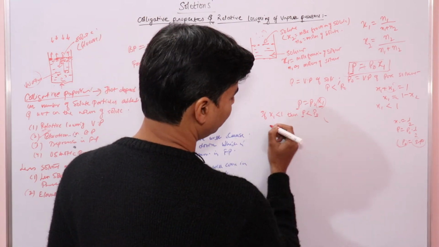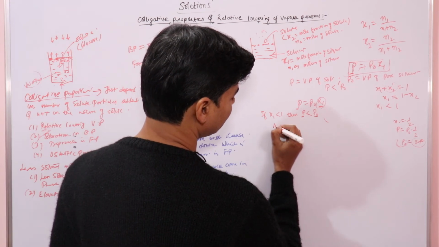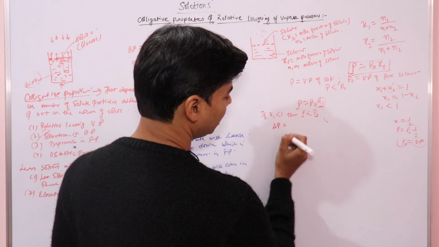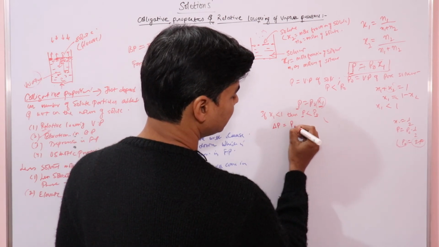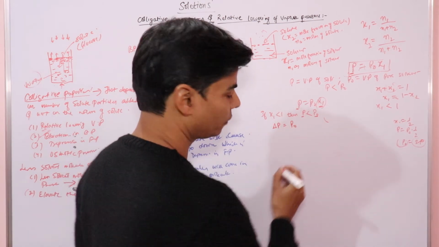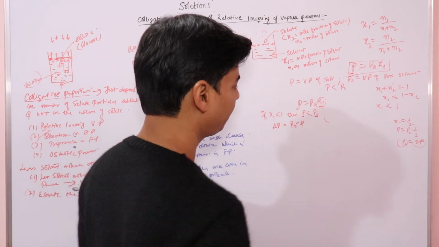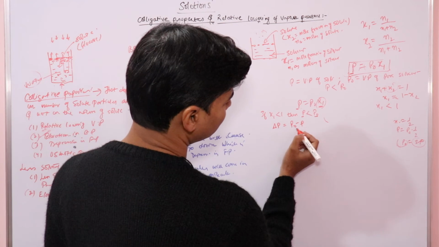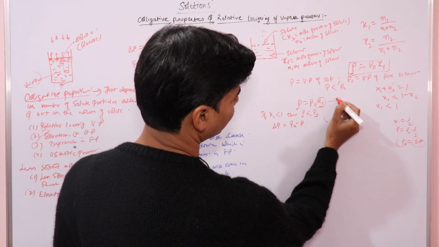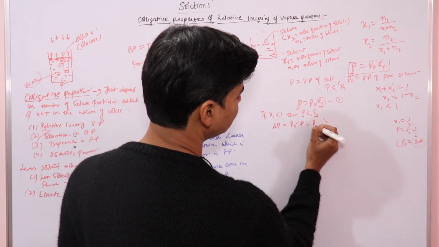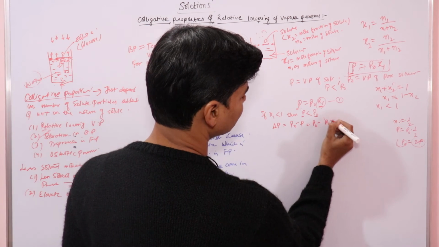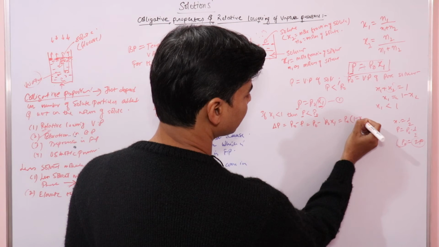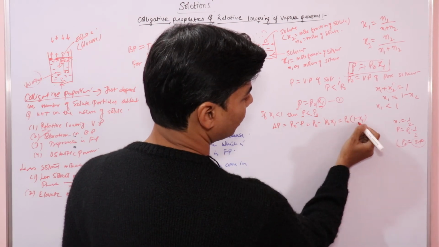So what is lowering in vapor pressure here? Let's say lowering in vapor pressure is delta P. This would be equal to P0, the vapor pressure of pure solvent, minus P, the vapor pressure of solution. If I put the value of P from equation 1, it would be P0 minus P0 x1, which is P0 times 1 minus x1.